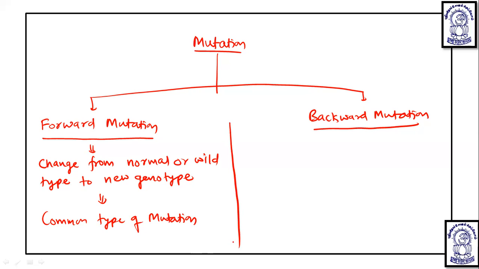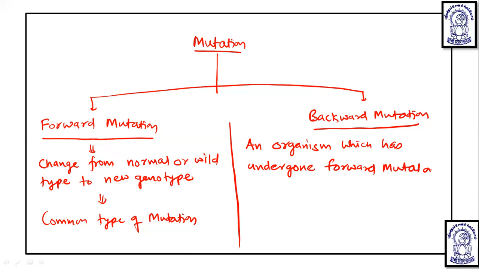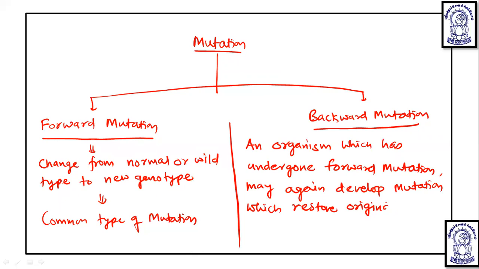Whereas in backward mutation, an organism which has undergone forward mutation may again develop a mutation which restores the original wild type phenotype.